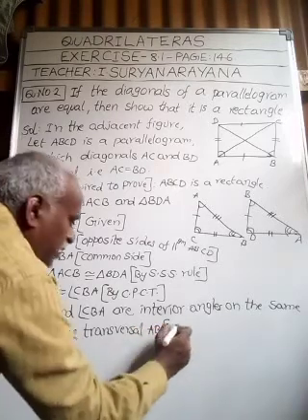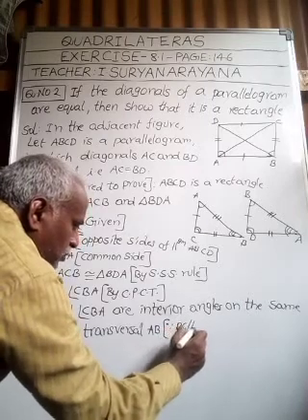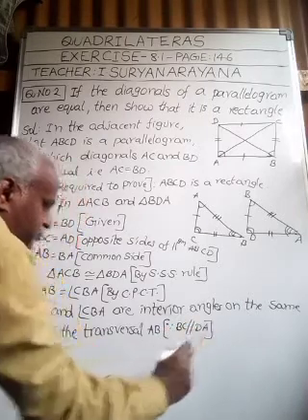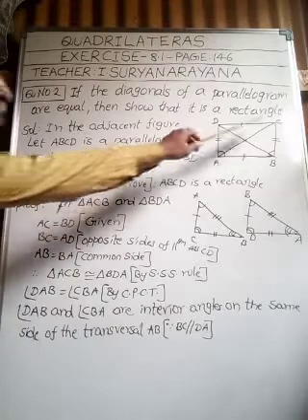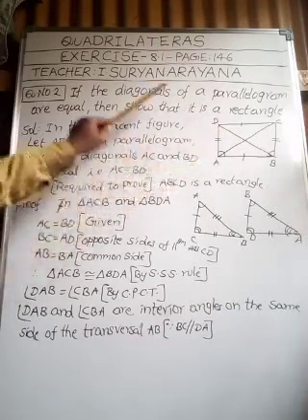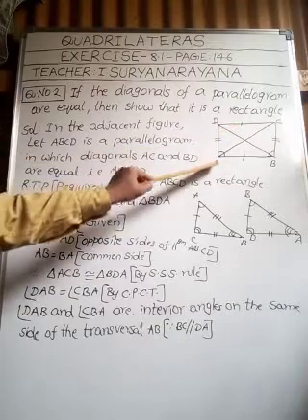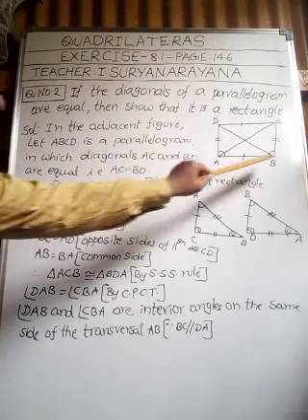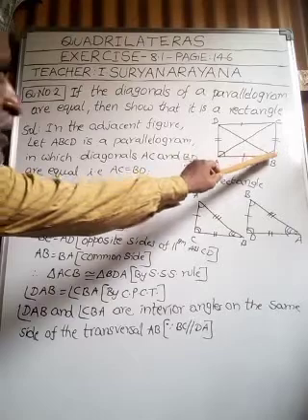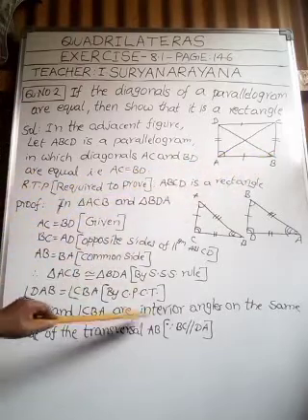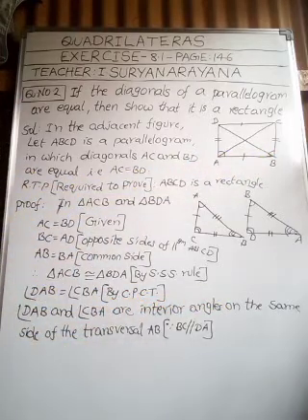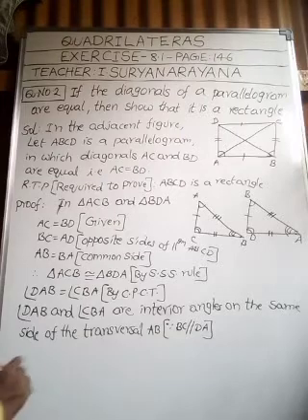If you take BC and DA as parallel lines and AB as a transversal, then these two angles are interior angles on the same side of the transversal. What can you say about interior angles on the same side of the transversal? Yes, they are supplementary.